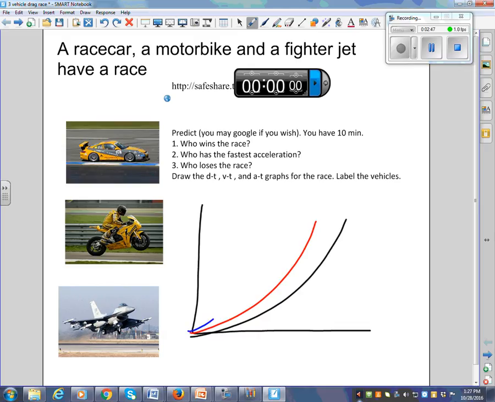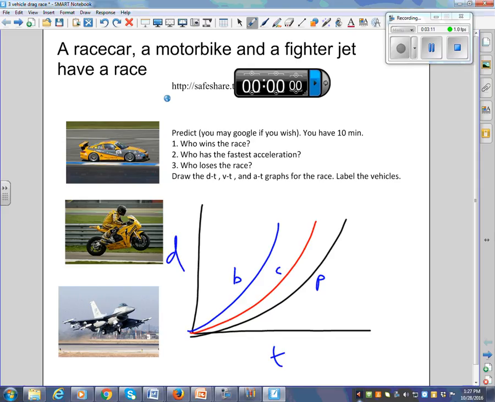This is the first one, the displacement time graph. Now, which one has the greatest acceleration? The bike. So this one is the bike. Which one got up to speed second? The car, and then the plane. But which one has a higher top end?